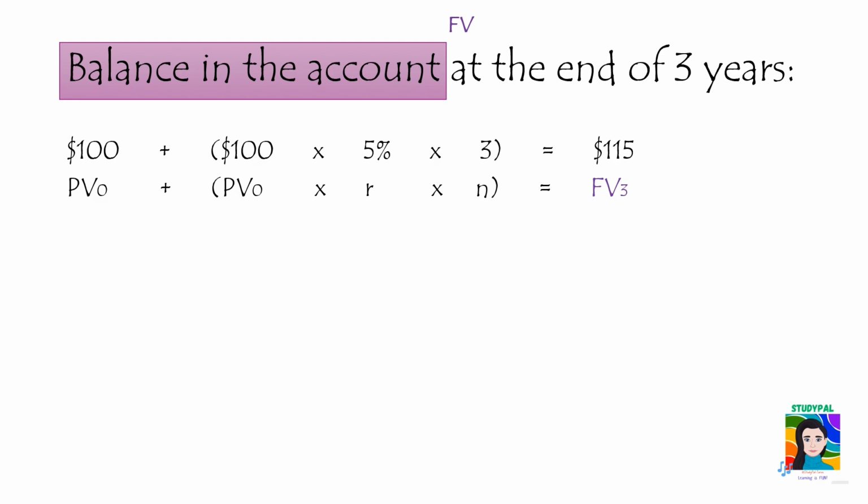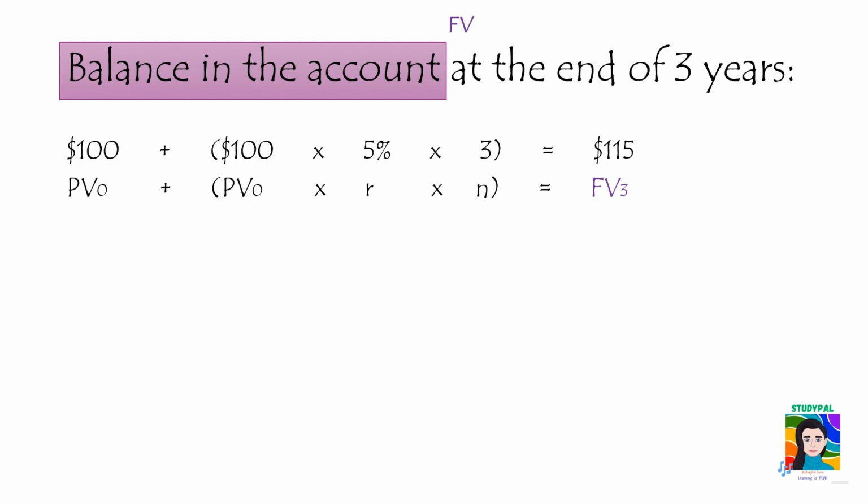So we are going to define these values. So the $100, which is the principal amount, is simply the present value when time is 0. And the interest rate is defined by the letter R. The number of periods is denoted by the letter N. And future value at the end of 3 years is FV3.